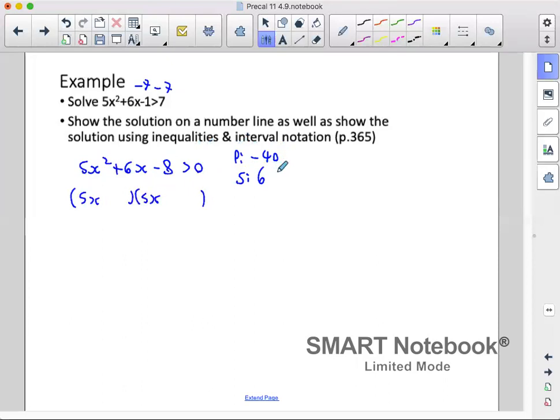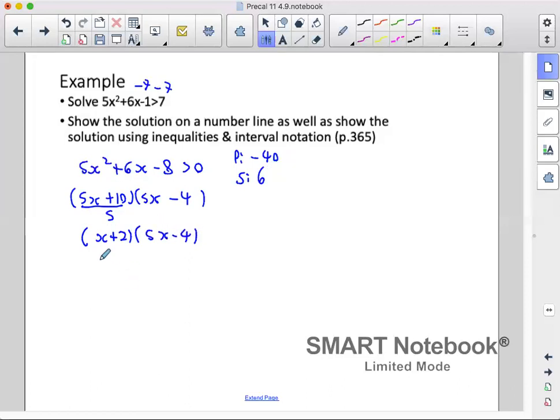Two things that multiply to -40 and add to 6 would be +10 and -4. Divide 5 out of one of these. So our two factors are x plus 2 and 5x minus 4.